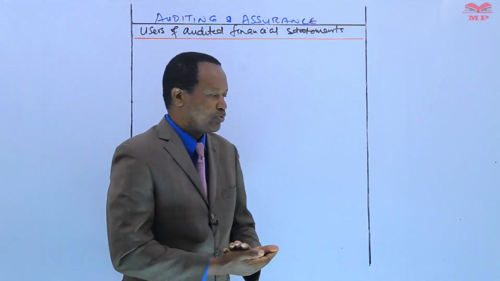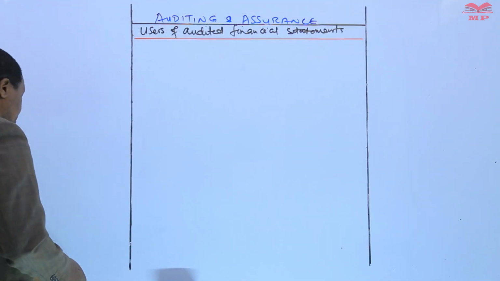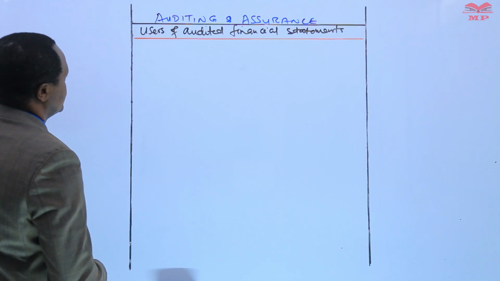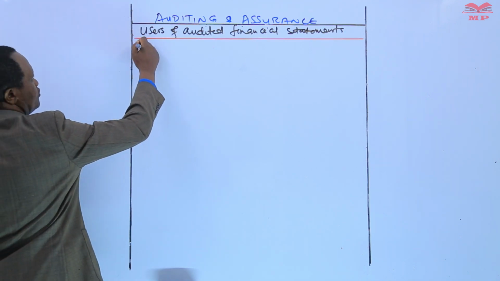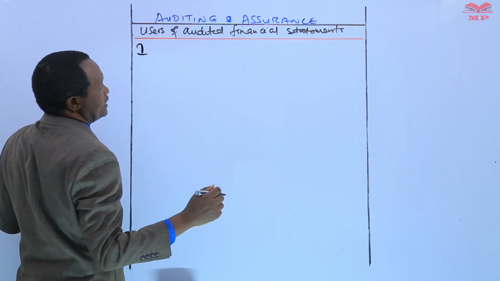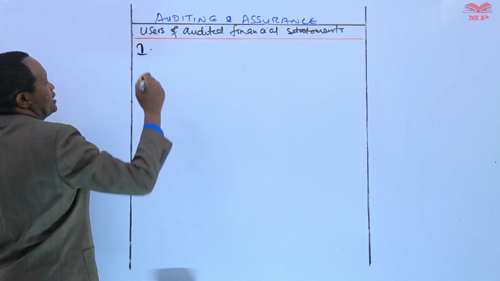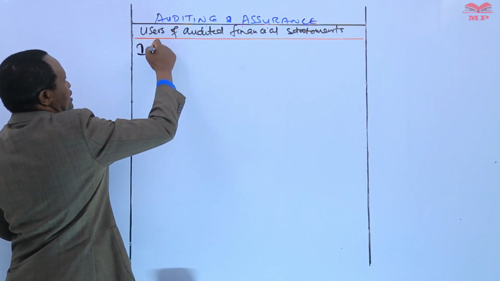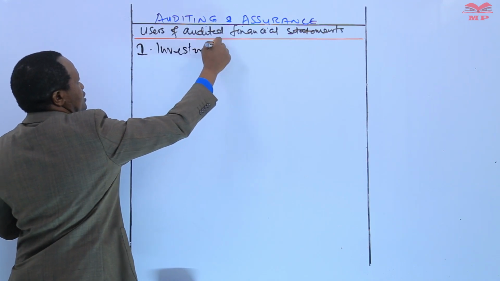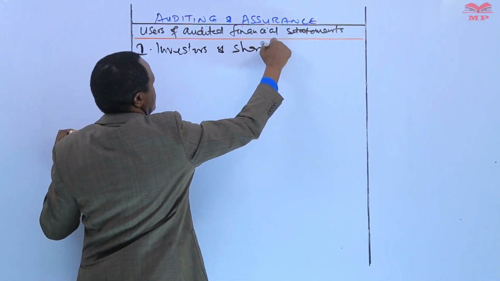In this lesson, we'll highlight the primary users of audited financial statements. The first category, investors and shareholders.